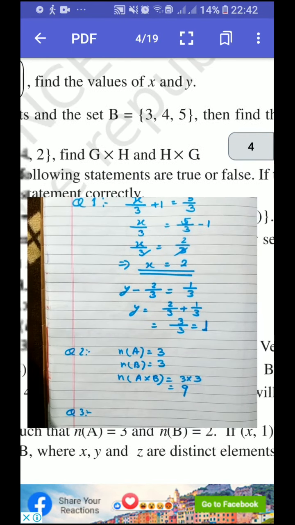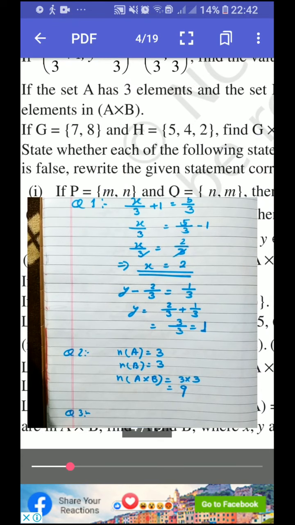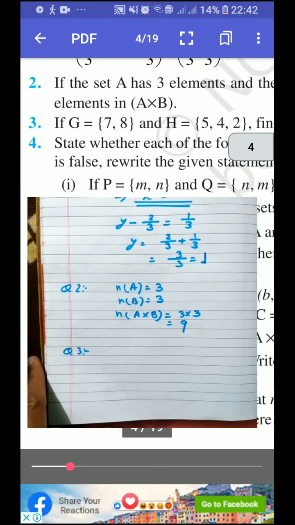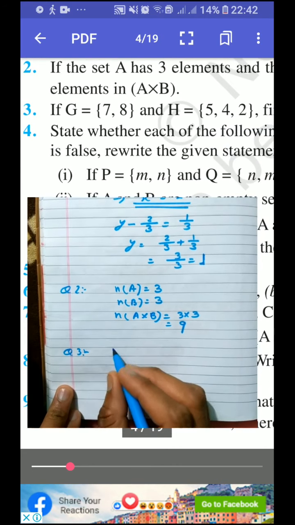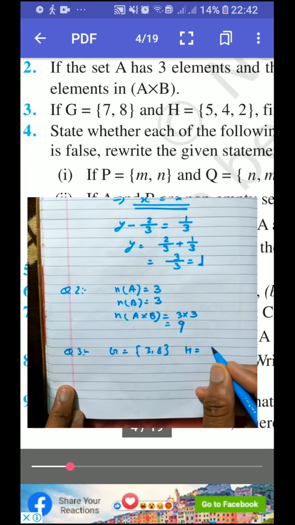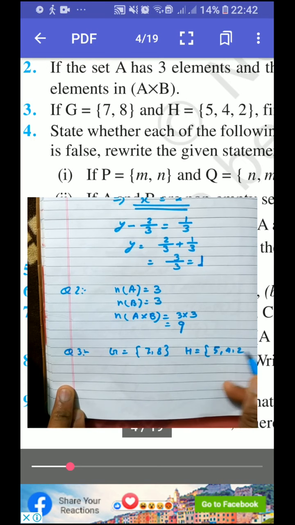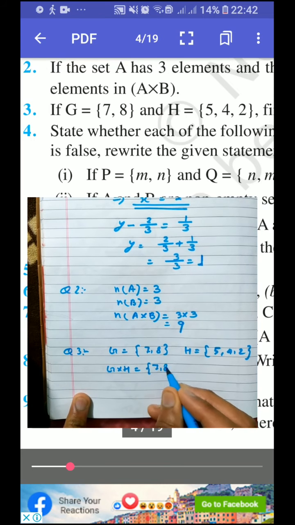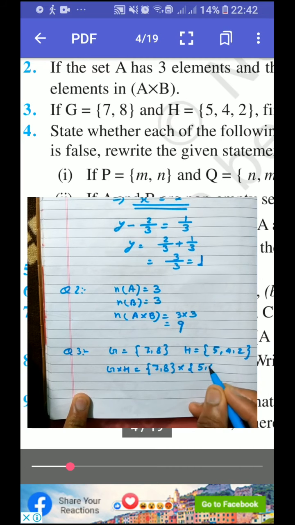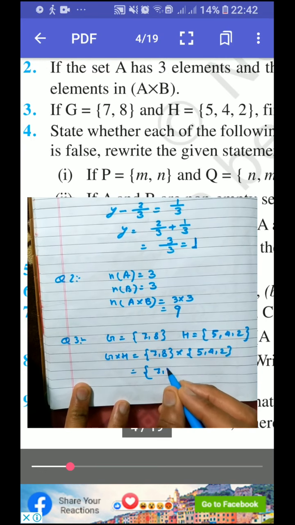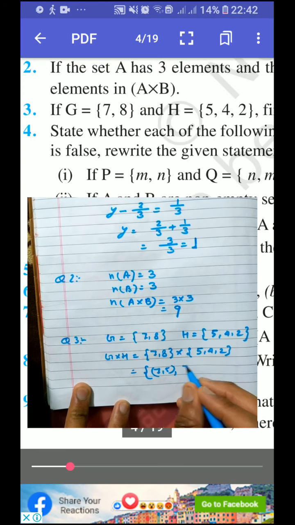Find G Cartesian H and H Cartesian G. Therefore, G Cartesian H is {7, 8} Cartesian with {5, 4, 2}, which may be written as (7, 5), (7, 4), (7, 2).